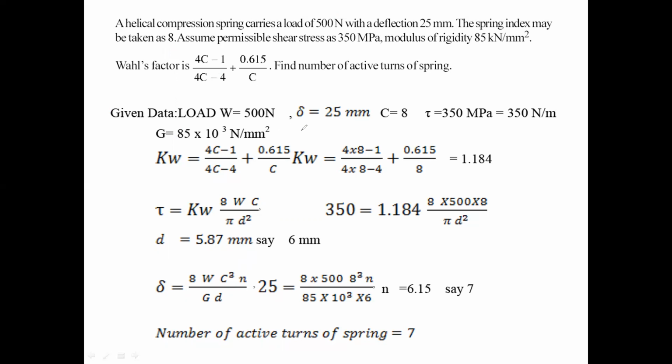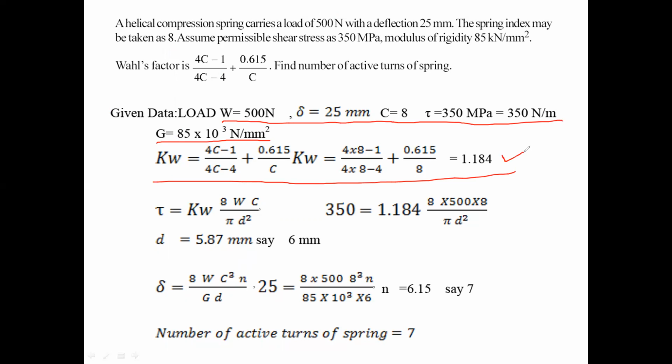So here also you can see the given things are stated. The same thing that we saw before, we are going to do here. First find the value of the correction factor, which comes out to 1.184 by putting the value of C in the wall correction factor.